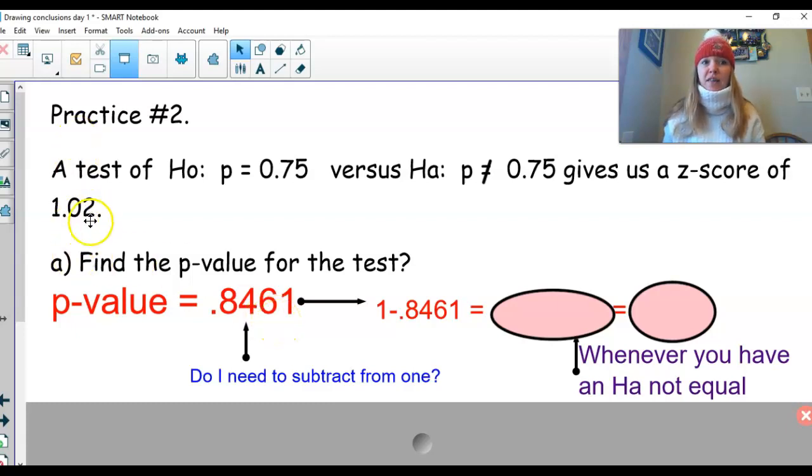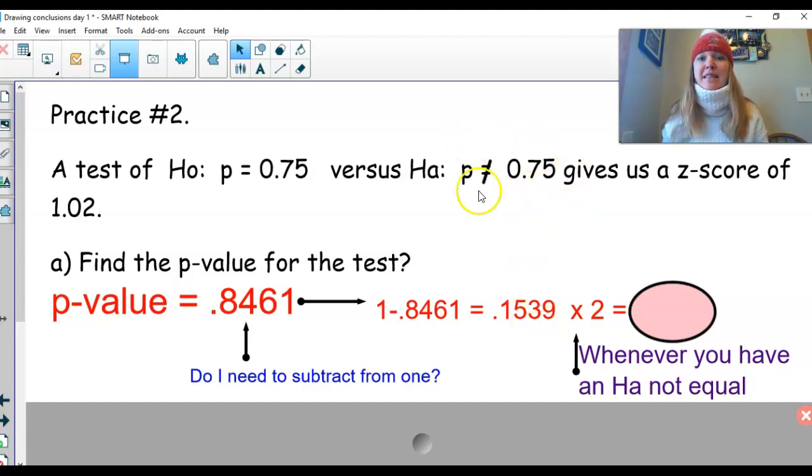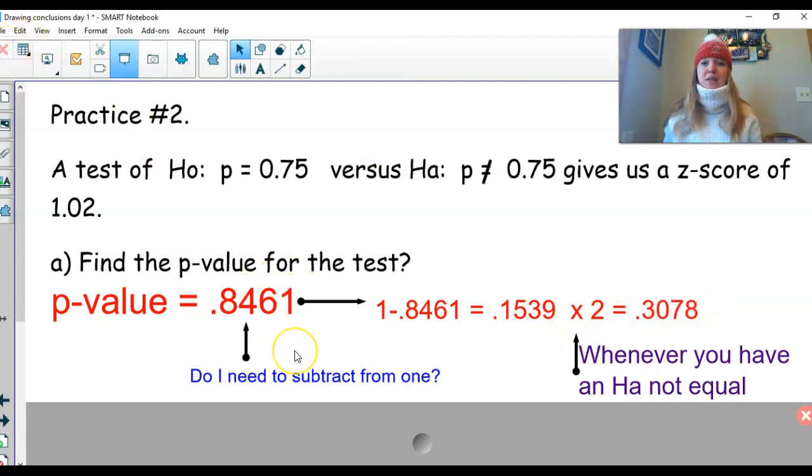I then look at the z-score and say, if it's positive, I need to subtract from 1, okay? So when I subtract from 1, I get 0.1539. And then when it's not equal to in the alternative, you have to multiply by 2. So my p-value here is 0.3078. So we should feel comfortable now finding a p-value when it's a less than, when it's a greater than, and when it's a not equal to.